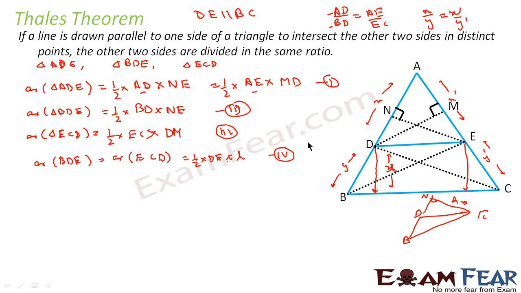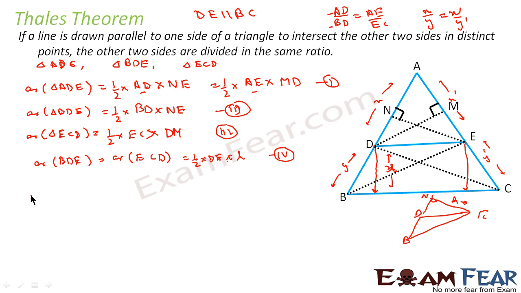So what have I found? Actually I found 2 equations. That is, the area of 1 by 2 AD into NE is equal to 1 by 2 AE MD, and the areas of these 2 triangles are equal. So in the first equation, we have to divide this by something, because we are looking for AD by BD. This is AD form. If we divide this by this, you will get AD by BD on the left hand side.